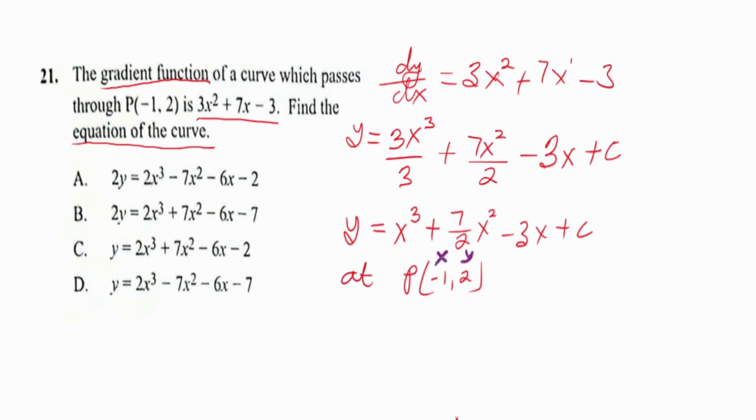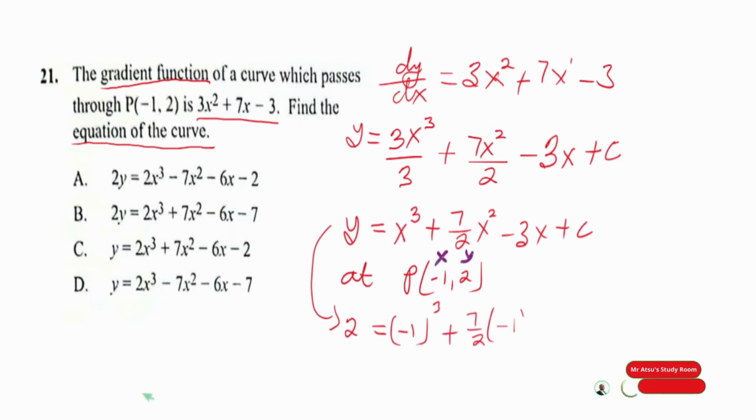Like I said earlier, wherever we see y, we put 2. So this now becomes 2 equals (-1) cubed plus 7 over 2 multiplying (-1) squared minus 3 multiplying (-1) plus c.